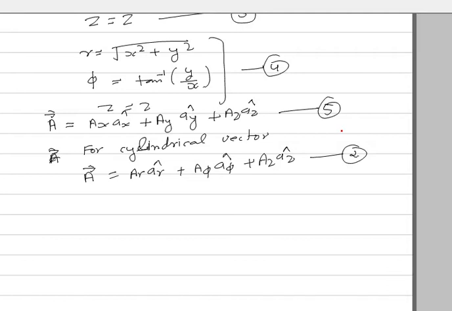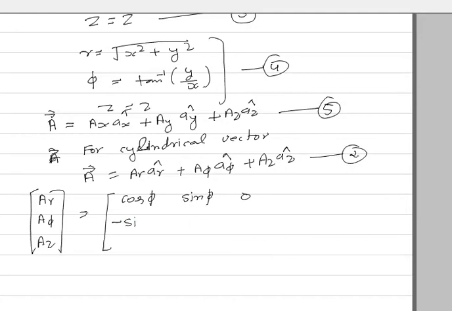To convert to the cylindrical coordinate system, we write a matrix equation: ar, a phi, az equals the matrix cos phi, sin phi, 0; minus sin phi, cos phi, 0; 0, 0, 1, times the column ax, ay, az.